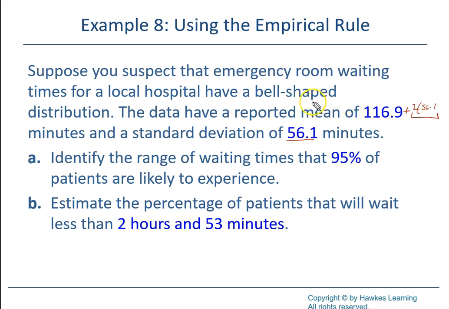And on this end, we're going to subtract 2 of those, 56.1. And that would give you the range of waiting times. That one was easy. Now, this one's more challenging. Estimate the percentage of patients that will wait 2 hours and 53 minutes.